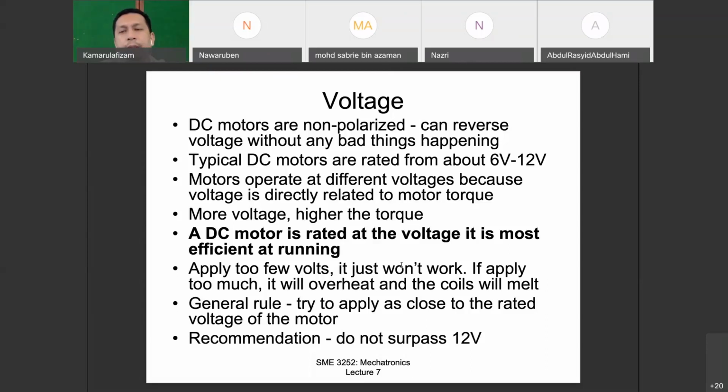But slow. So the rating for a motor is usually at its rated voltage, at its rated power, you will get rated RPM and also rated torque.